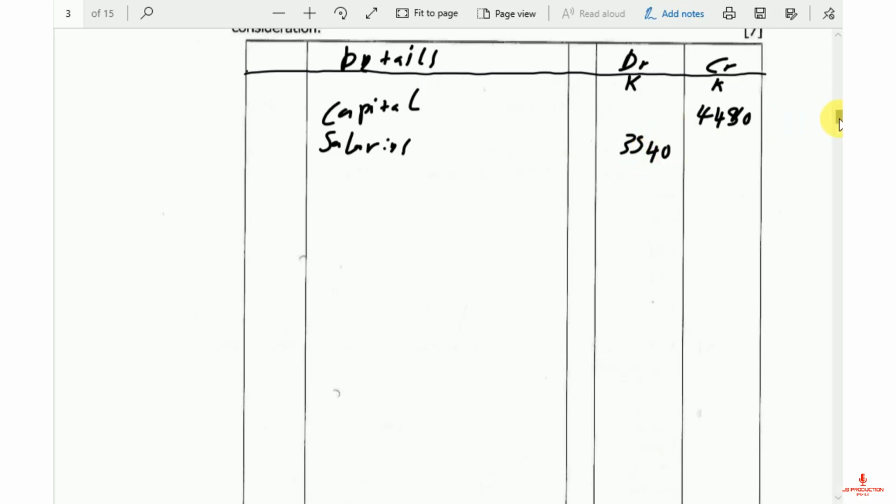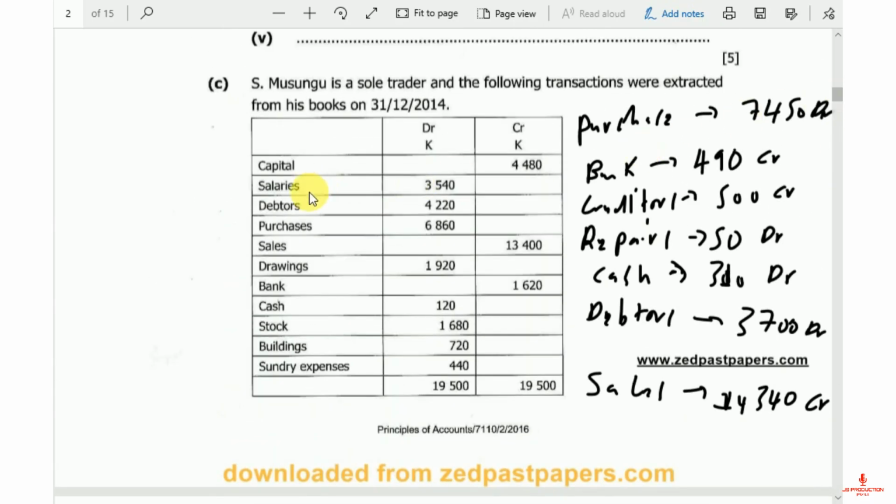Then we have debtors. For the debtors there, it was affected, so we are not going to get this amount. We're going to get our updated amount, and the amount that we're going to get is 3,700, and it had the balance on the debit side.